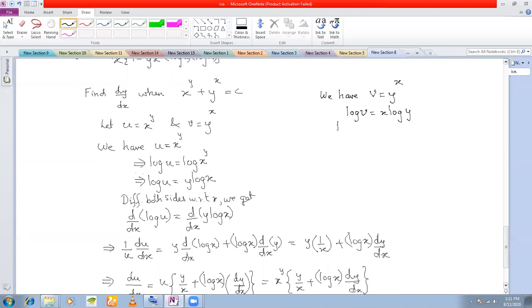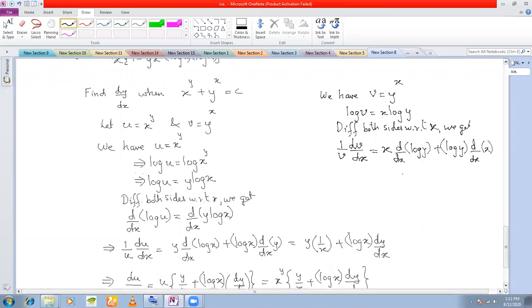Okay. Now differentiating both sides with respect to x, we get, I'm writing directly here, 1 by v dv dx, just as we had differentiated earlier, x d dx log y plus log y d dx x, which is 1 obviously.